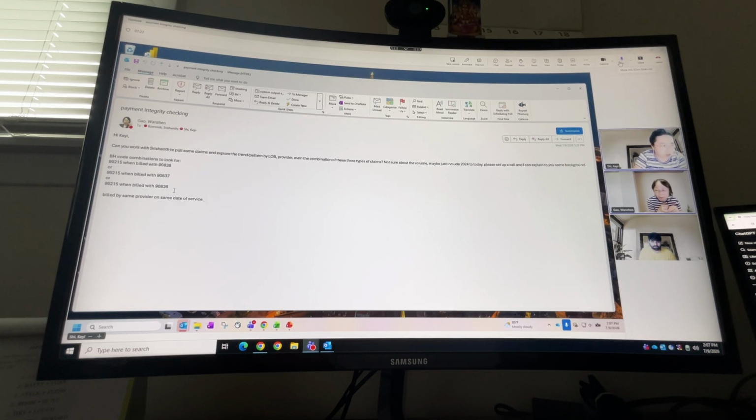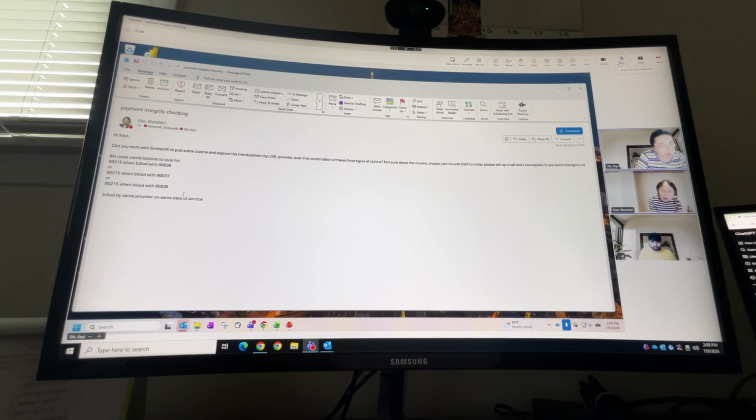Okay, so we only need 99215 associated with these 3. Yeah. We don't need 99211. Okay. So we're trying to look for visits and also look for whether it's really severe enough for them to bill the code like that.